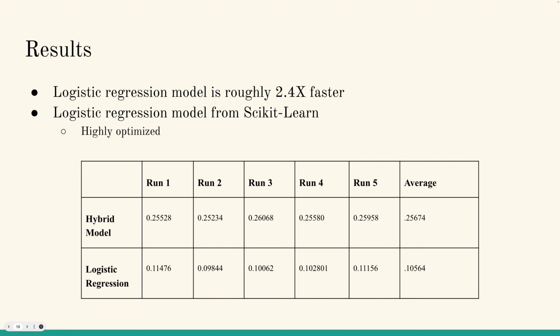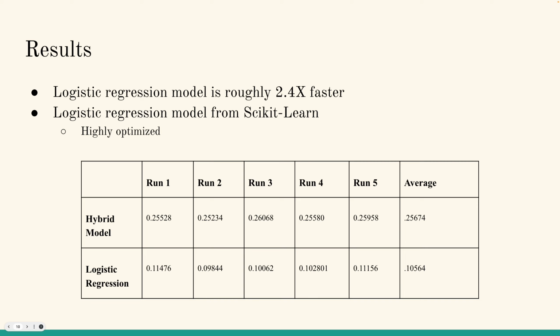And so over 5 runs with different seed numbers for each run, we could see that on average, the logistic regression model is roughly 2.4 times faster than the proposed hybrid model. Part of this is to be expected though, because the logistic regression model comes from Python's scikit-learn package, and so this model has been highly optimized. The hybrid model has not gone through similar scrutiny and remains unoptimized.